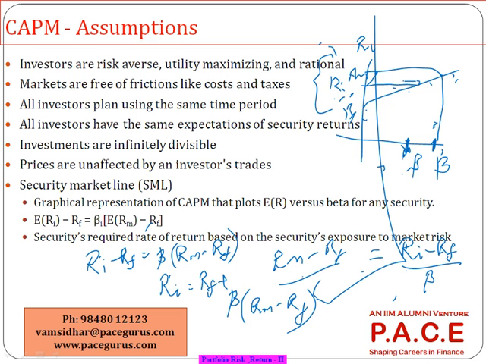Taking the slope of that line, RM minus RF is on the y-axis, 1 is on the x-axis, so the slope is RM minus RF. Now the same thing, I have taken some other security whose beta is either less than 1 or greater than 1. So its return should be some RI.